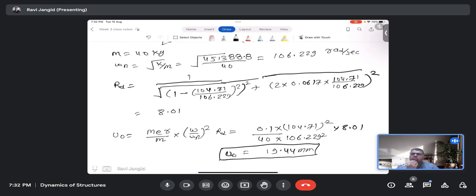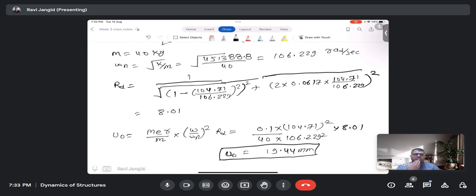You need to look into this for the damped system. For whatever system you are solving, p naught into rd into sine omega t, whatever is your response corresponding to damping, you multiply with sine omega t, and you will get your response, and then you can find out the logarithmic decrement.